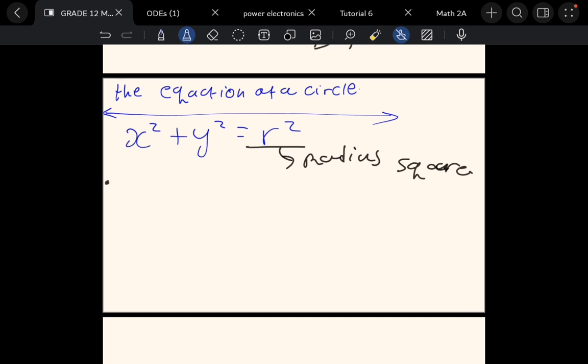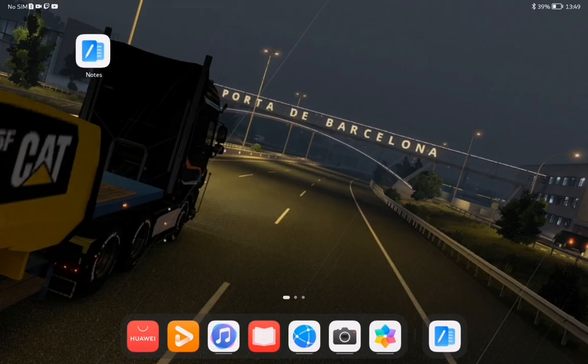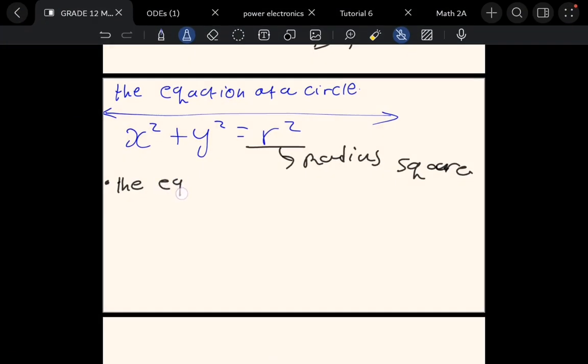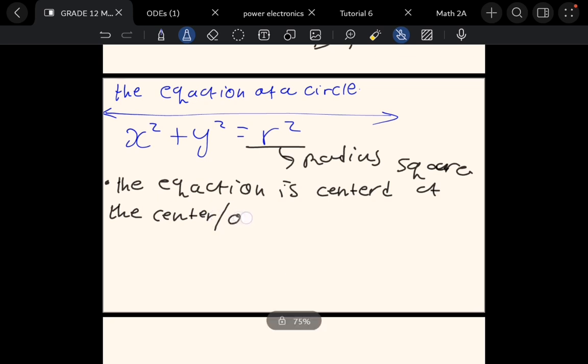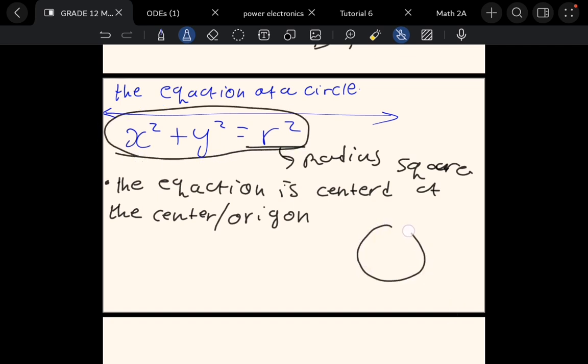Now, if the equation of a cycle is given in this form, it means the equation is centered at the origin. Understand? Whenever a given equation is in this form, it means if you have a cycle, its center is where? At the origin. Understand?